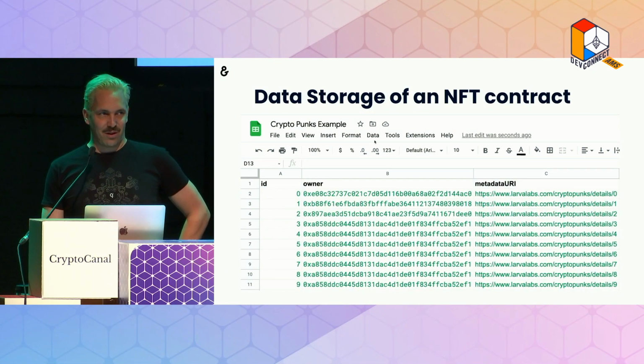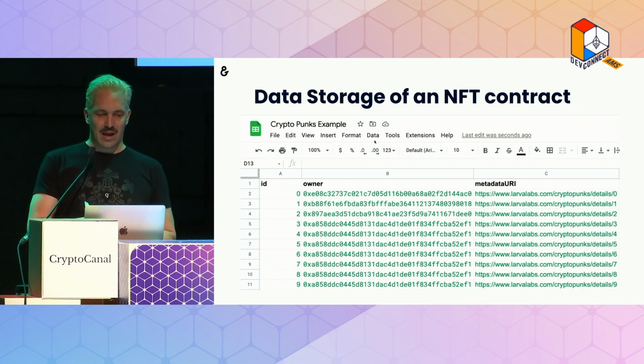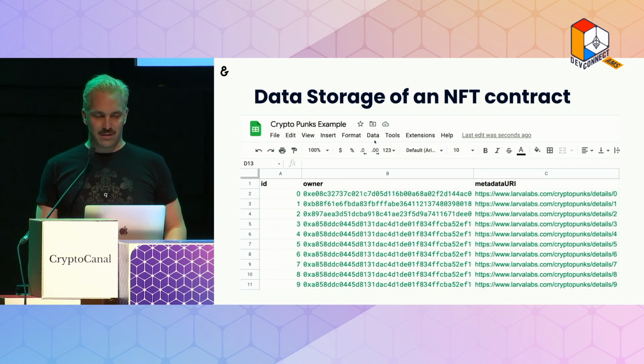So you probably all know about NFTs and smart contracts on Ethereum and how this works. But let's look at the CryptoPunks example. These are numbered from 0 to 9,999. Then for every token you have one owner, and every token has this metadata URI.